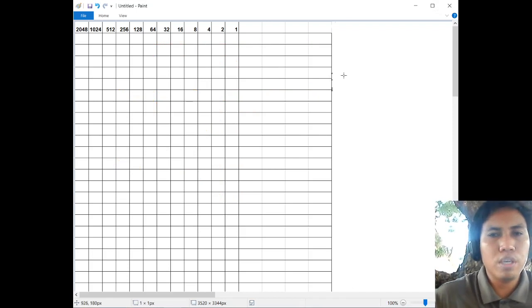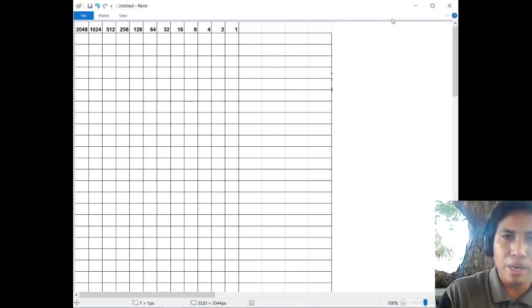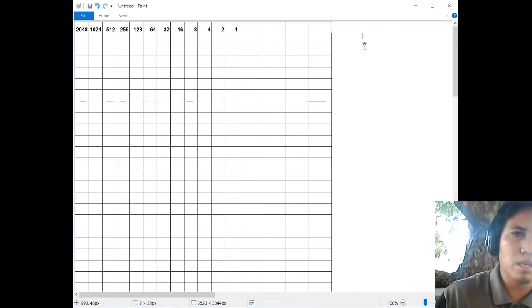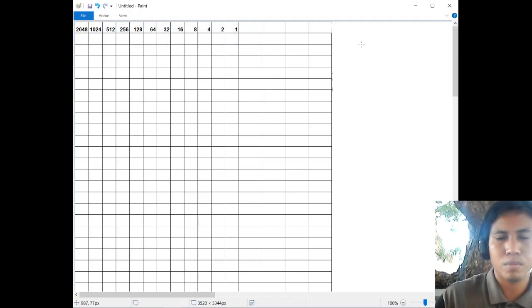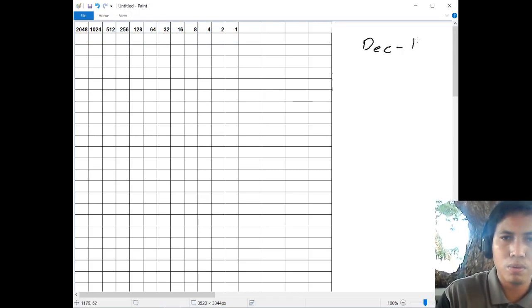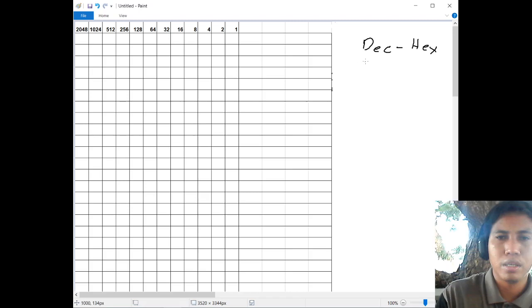Okay, so let's proceed with decimal to hexadecimal. So decimal to hexadecimal, that is base 10 to base 16.